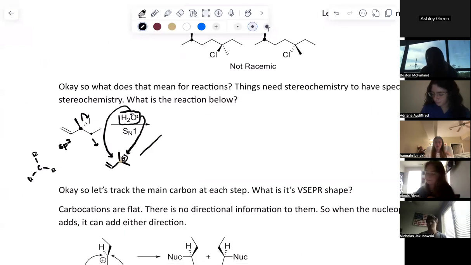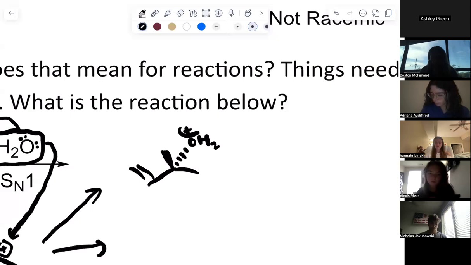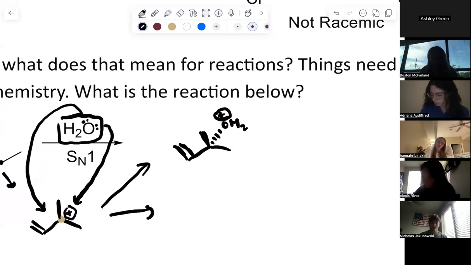So at this point, since I'm adding into something flat, I'm going from an sp2 carbocation, carbocations are always flat, by the way, they're always sp2, to an sp3.